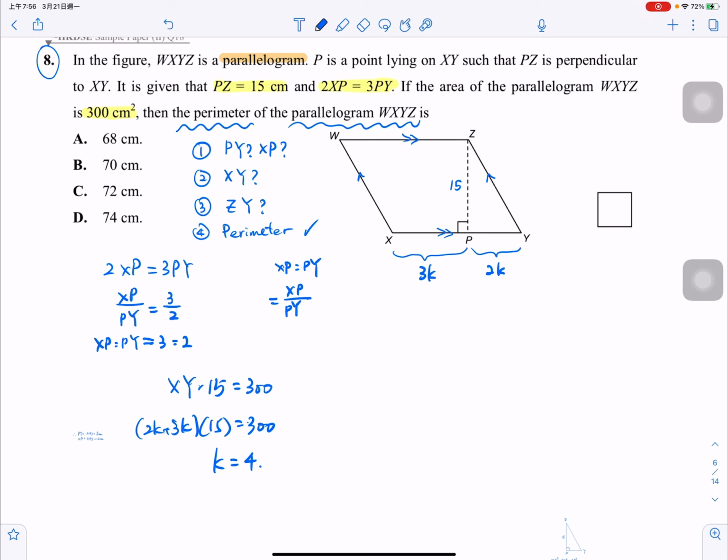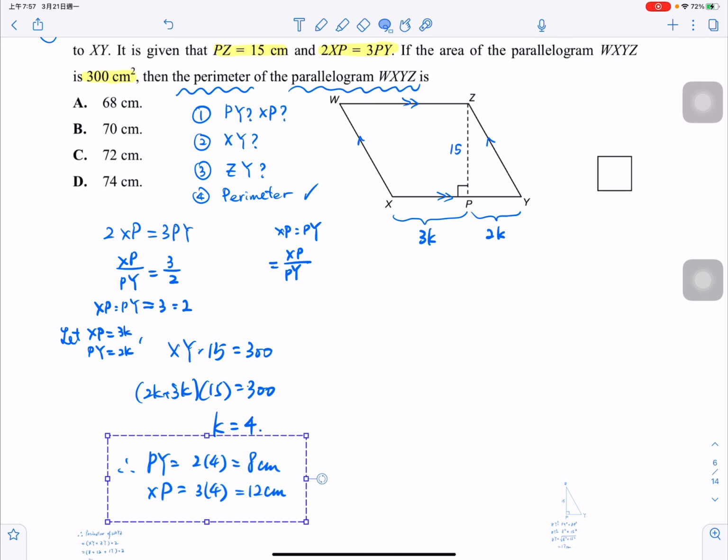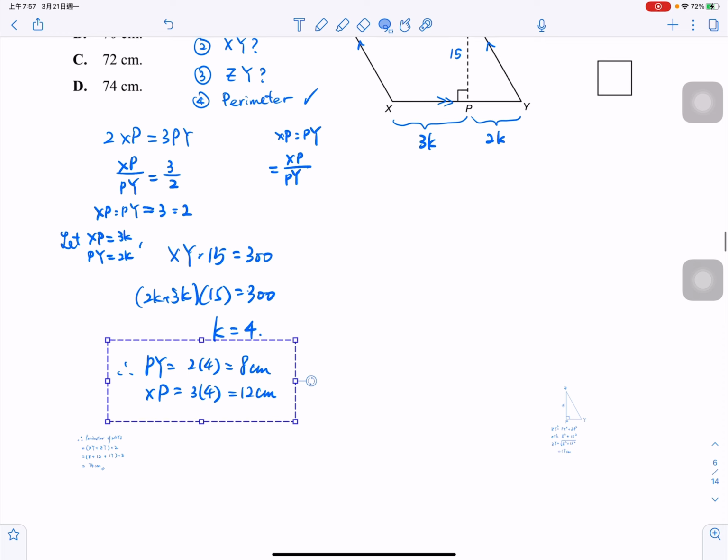This one is multiple choice, so you can use the easy way to find it. Maybe no need to write too many things. Anyway, let XP be 3k, and PY be 2k, so XY is 5k. As a result, 5k times 15 equals 300. So k is 4. Now you can find all the lengths of PY, XP, and at the same time the length of XY, right?